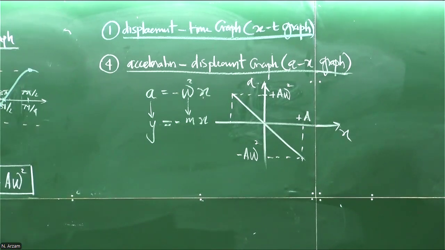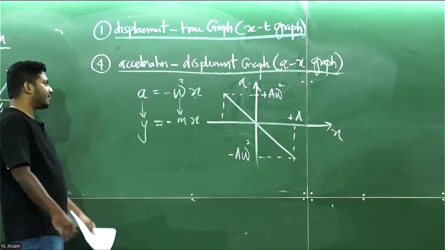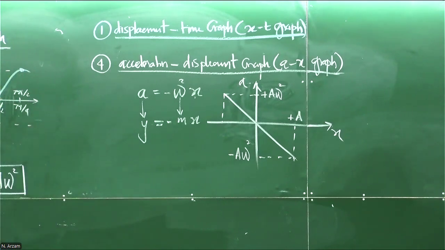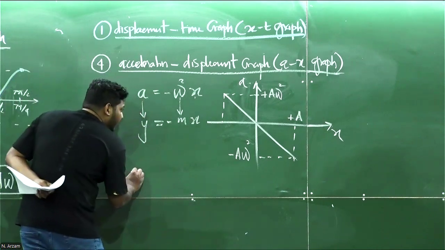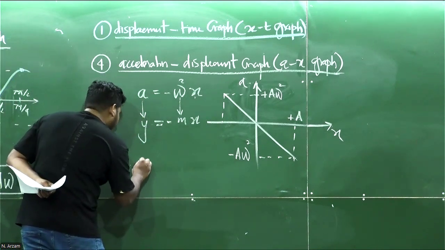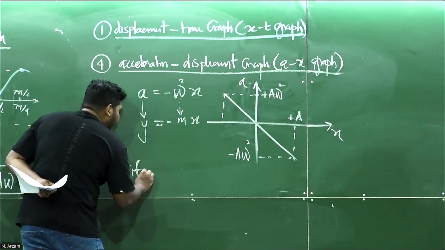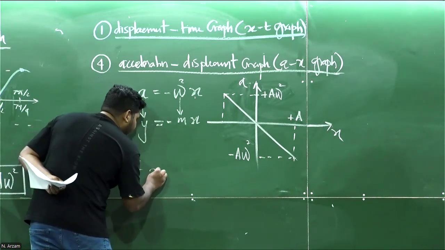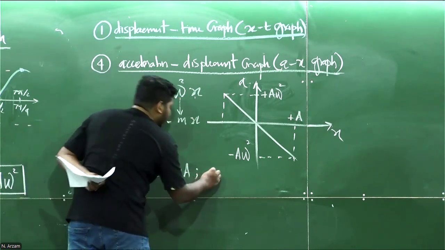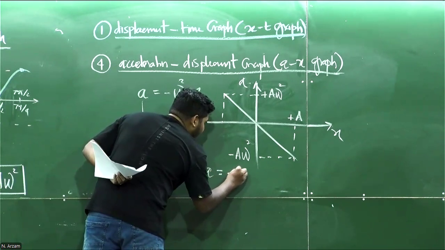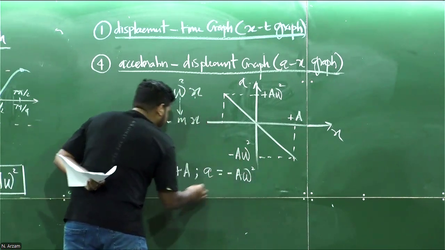Draw this graph. So if x is equal to plus a, therefore a is equal to minus a omega square.